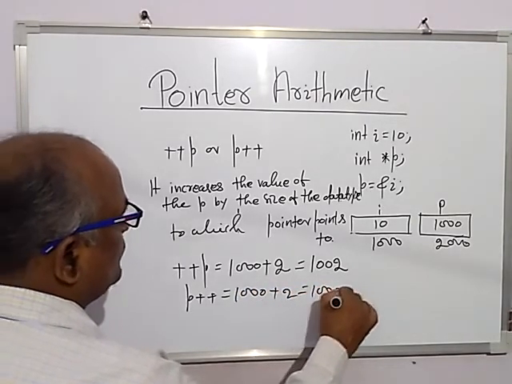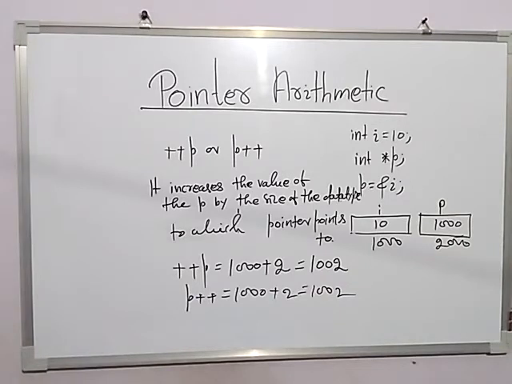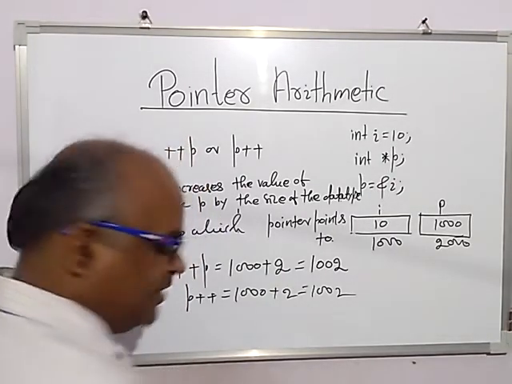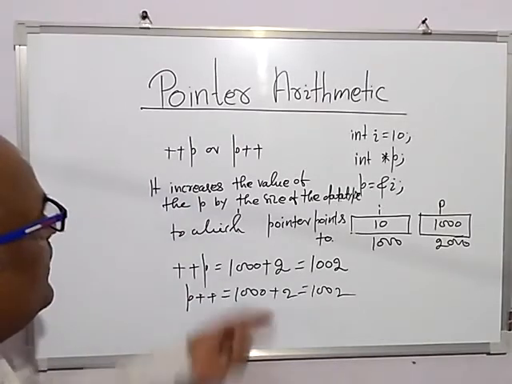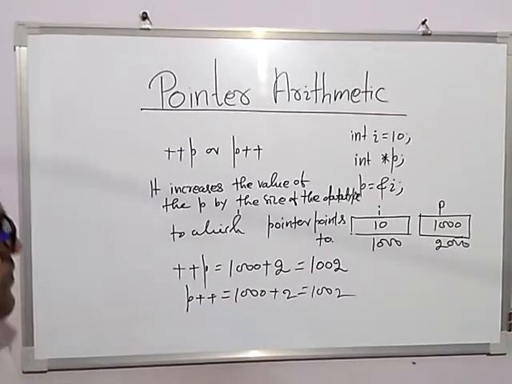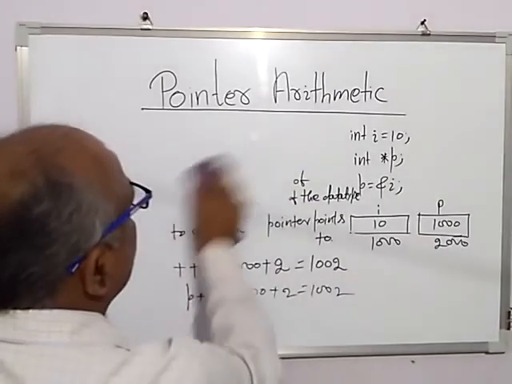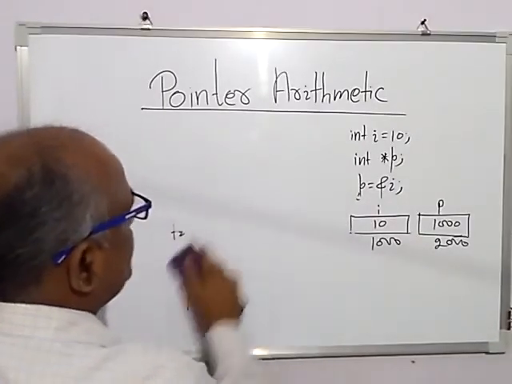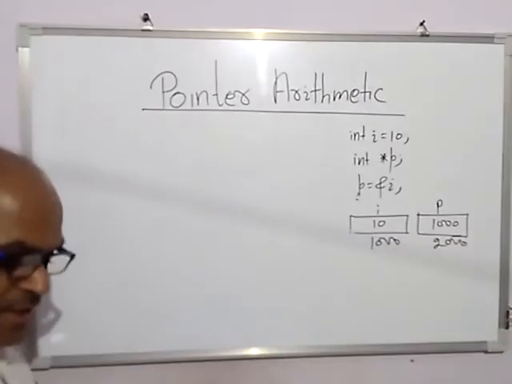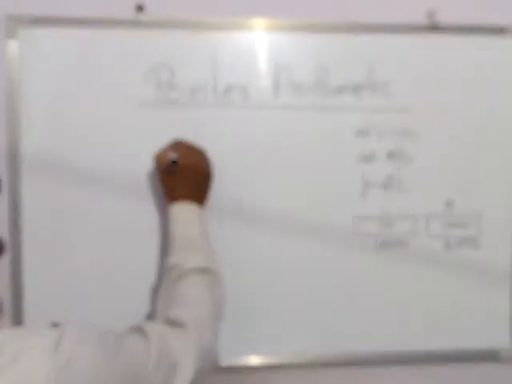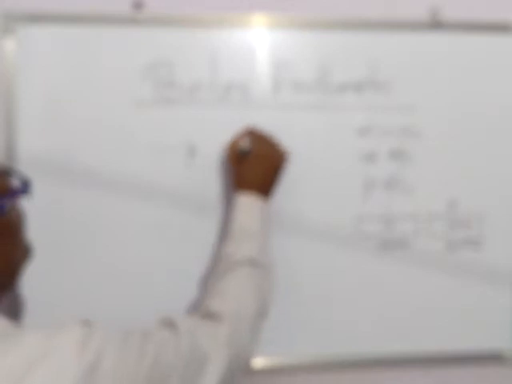equal to 1002. So if a pointer is incremented or decremented, then the value of the pointer increases by the size of the data type to which the pointer points to. For example, consider --p, what will happen for the decrement operator? Suppose we write --p or p--.